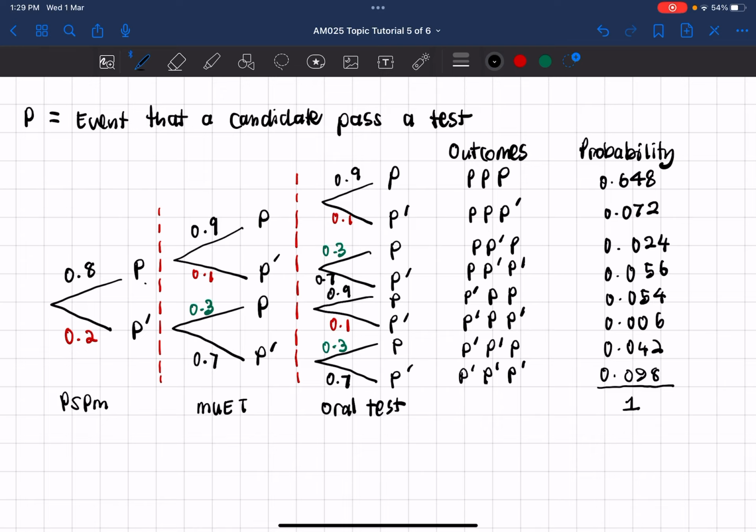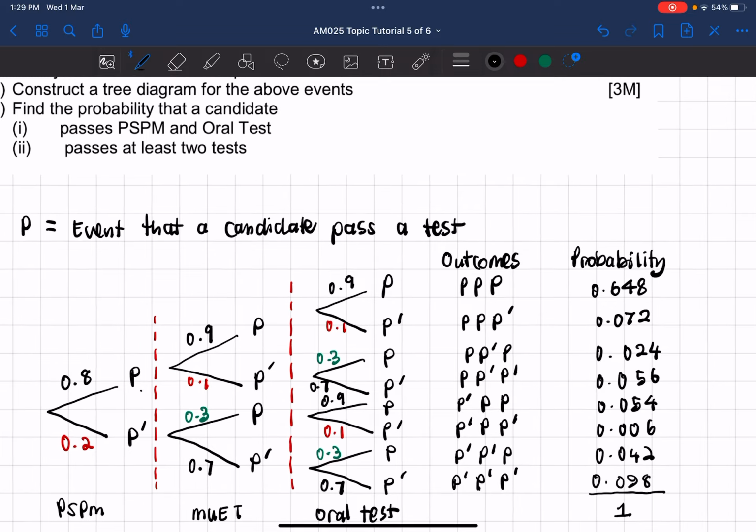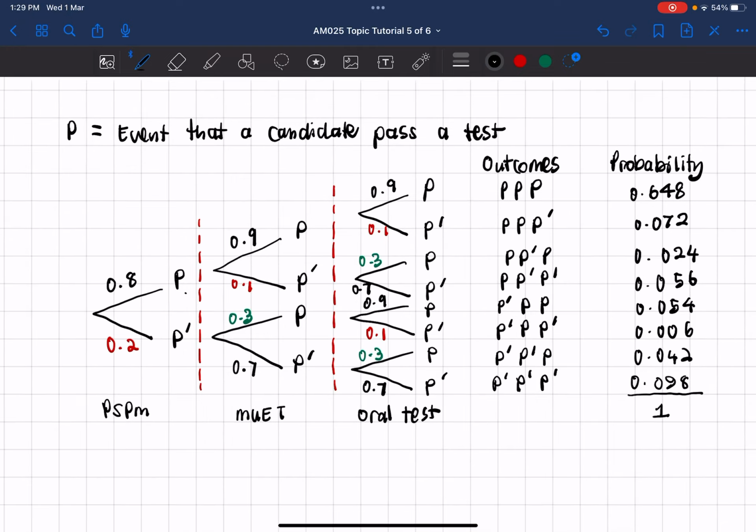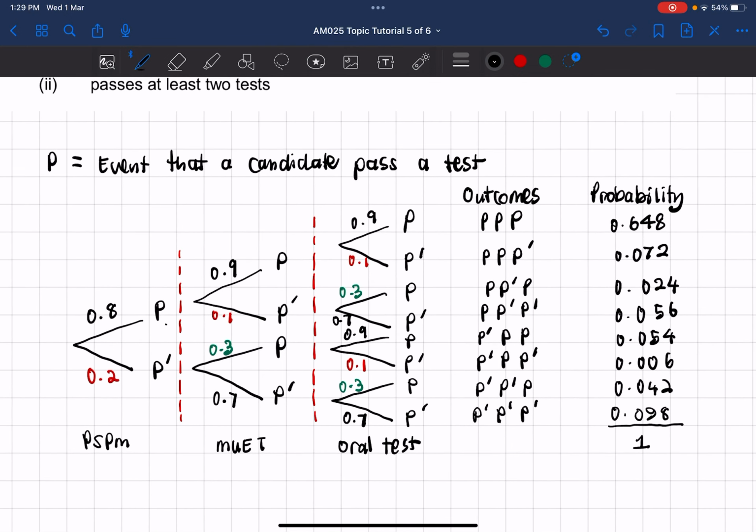Okay, now let's look at the questions. What is question 1? Passes PSPM and oral tests. Passes PSPM and oral test means P, P, P, the first one, and P, complement of P, P is another one.